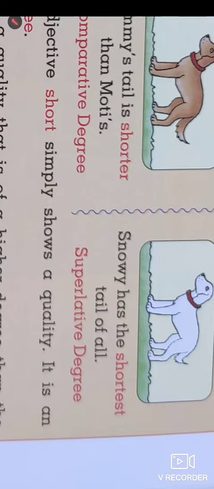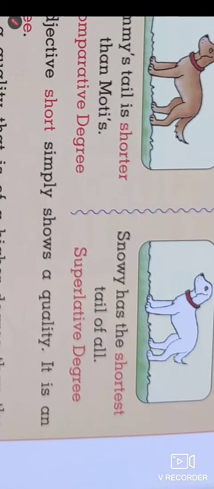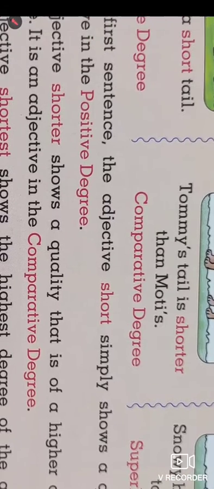Here we don't compare with other dogs' tails. It is a superlative degree. So here we use the suffix: for comparative it is er, and for superlative it is est. This is generally the comparative degrees.